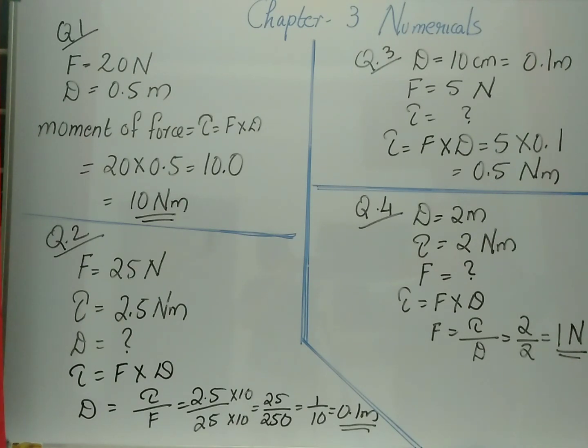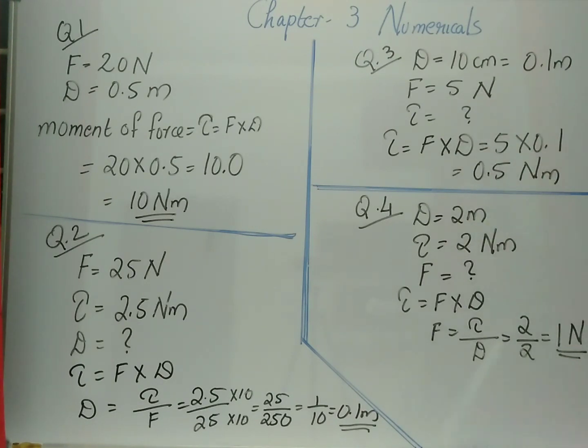Question number 3. A spanner of length 10 centimeter. So length or distance is given as 10 centimeter. Centimeter is not the SI unit, so we should convert centimeter to meter by dividing by 100. That is 0.1 meter. It is used to open a nut by applying a minimum force of 5 Newton.